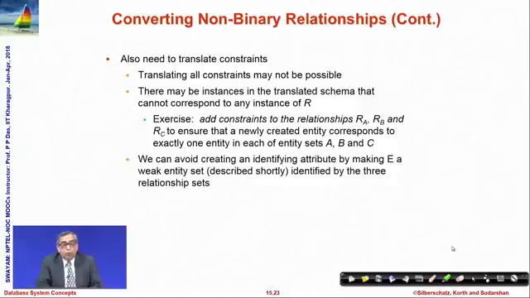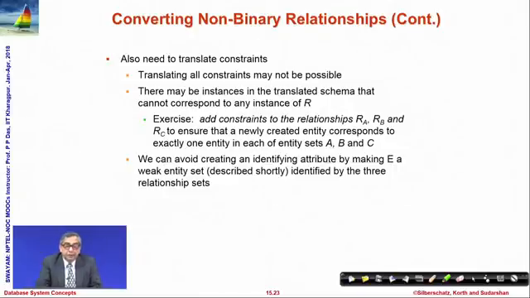Now, while we do this decomposition, we will also have to remember that we need to translate all constraints that are present for the ternary relationship. Oftentimes it may become difficult to translate all constraints, it may not be possible, and there may be instances in the translated schema that cannot correspond to an instance of the original relationship.